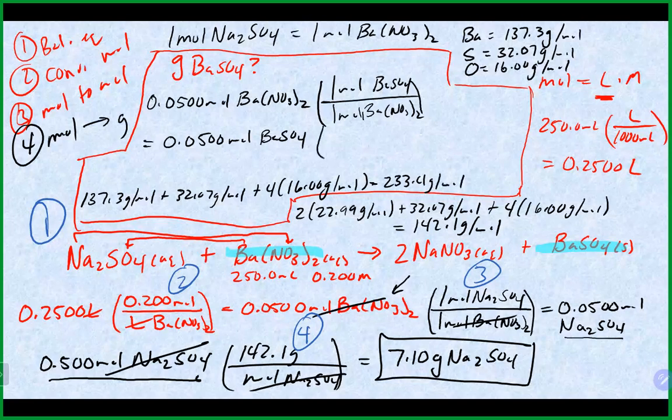So we'll use that for our fourth step here, which is to figure out how much product we made, 233.4 grams per mole of barium sulfate. And that is going to get us, call it 11.7 grams of barium sulfate should be produced. That would be our theoretical yield in grams.